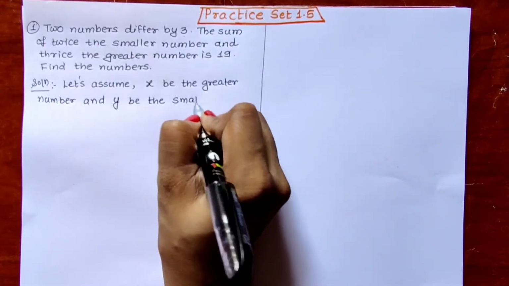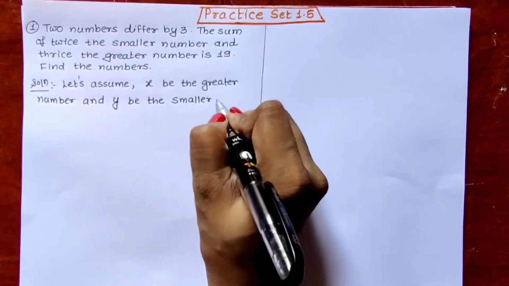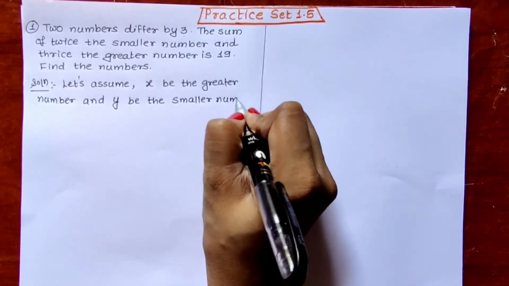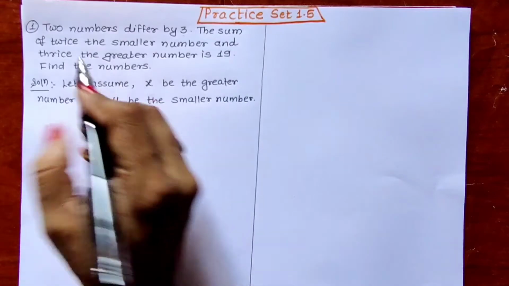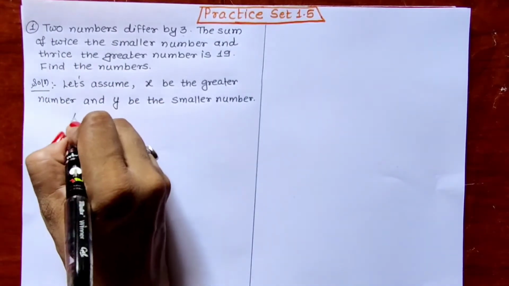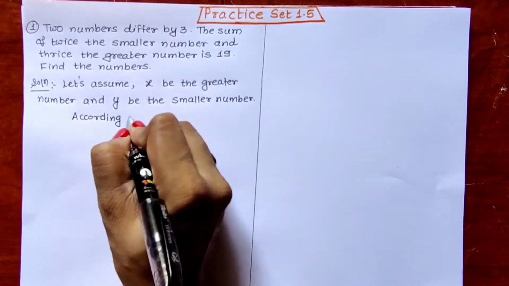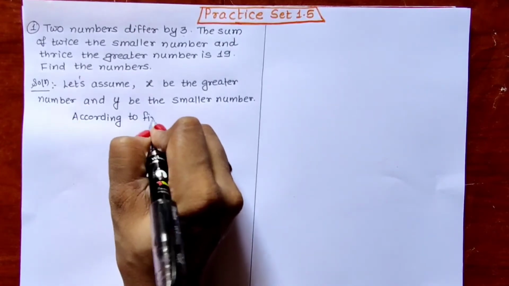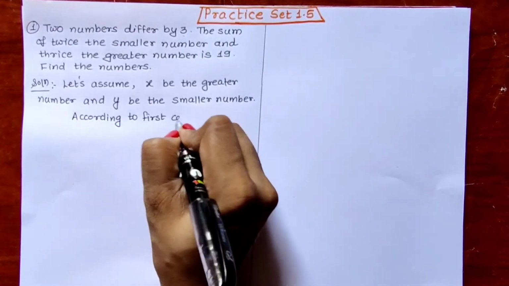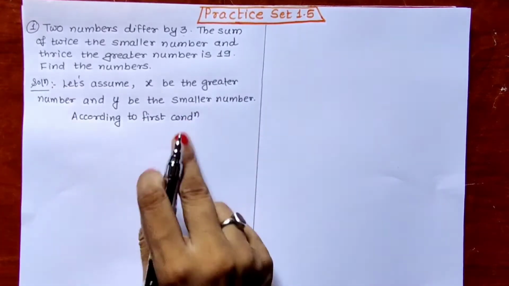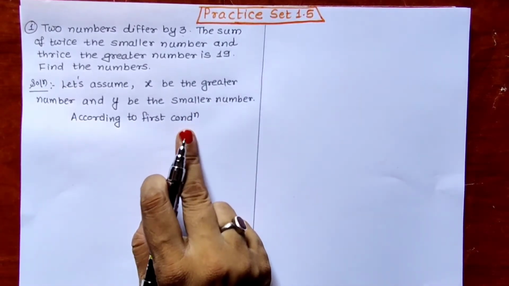Okay, so x will be the greater number and y will be the smaller number. And now we will write from the first condition, or according to the first condition. Condition, this is the short form, or shortcut, of condition.